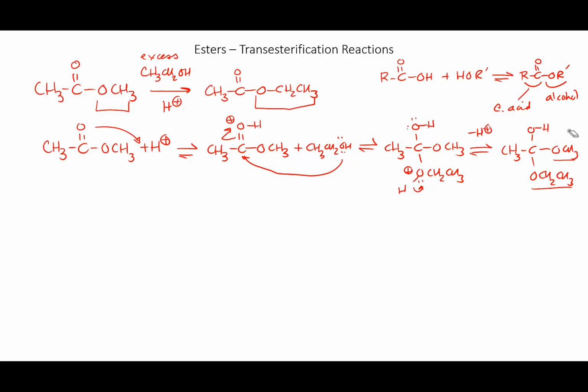The water will have to come back in and add, because you can't form a double bond to either of those two oxygens. So the H plus is either going to protonate the OCH3 or the OCH2CH3. If it protonates the OCH2CH3, you're going backwards. If, on the other hand, it protonates the OCH3, we can go forwards.